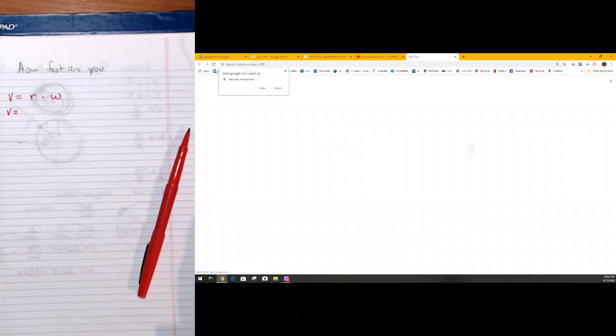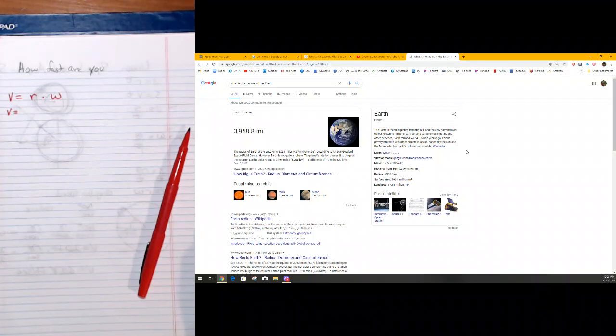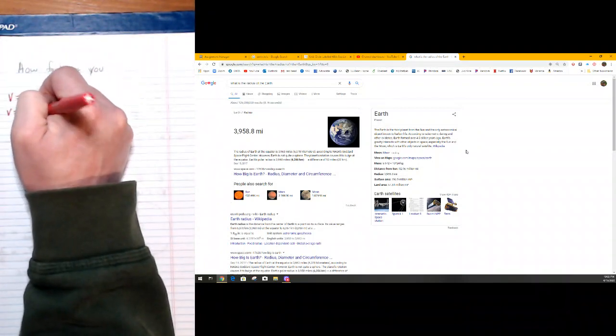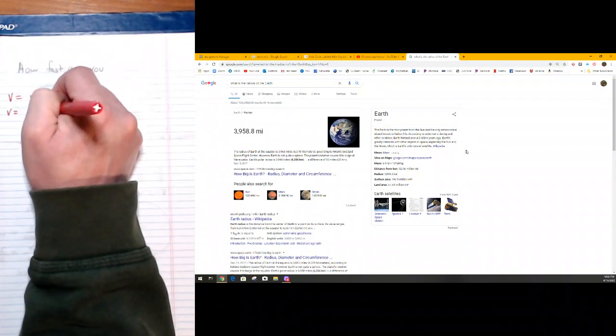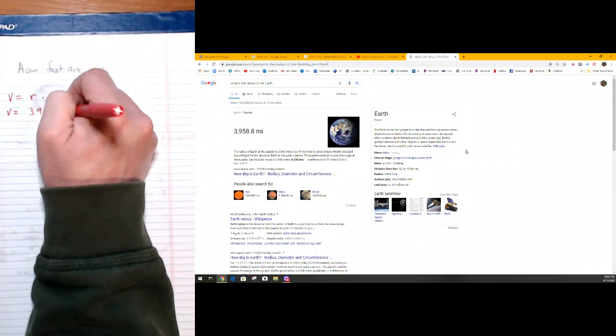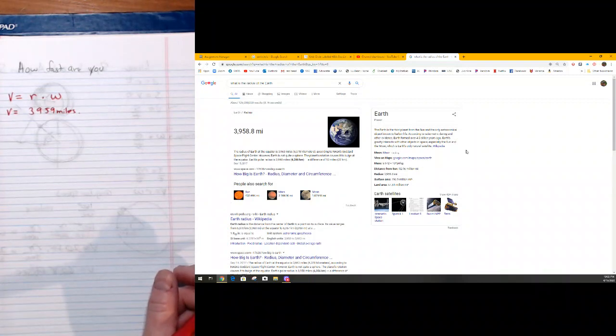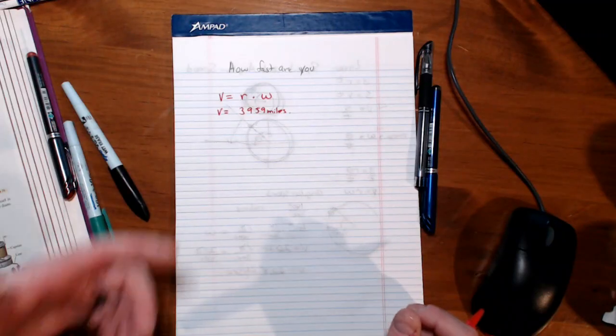What is the radius of the Earth? 3,959 miles. Okay, good to know. So now, how fast are we moving?